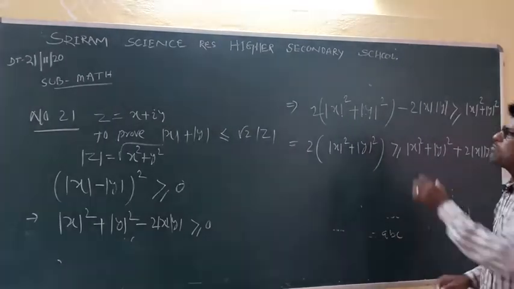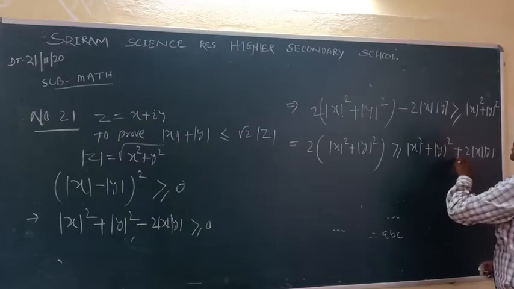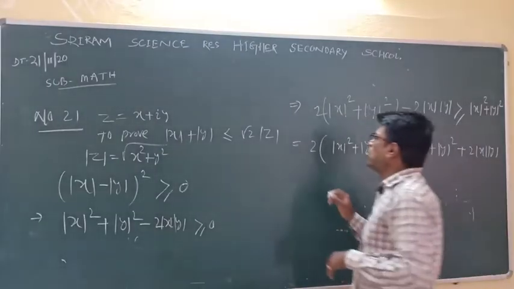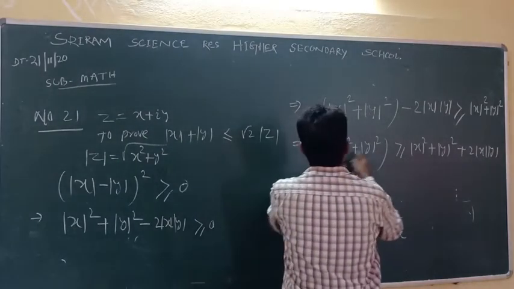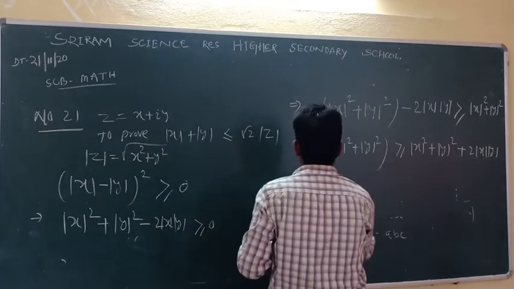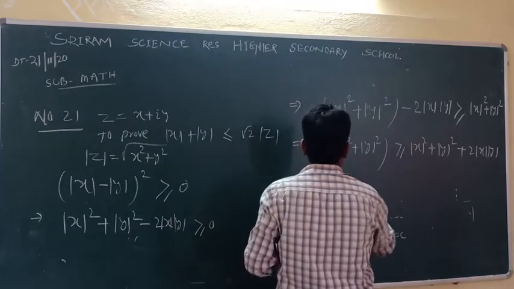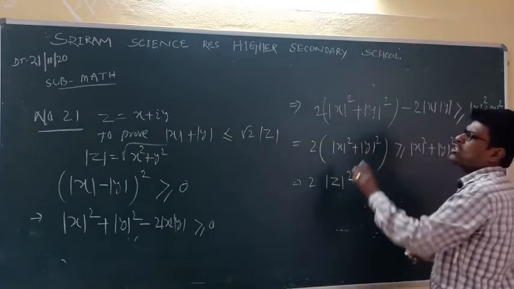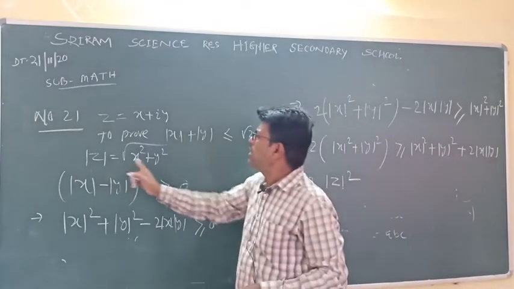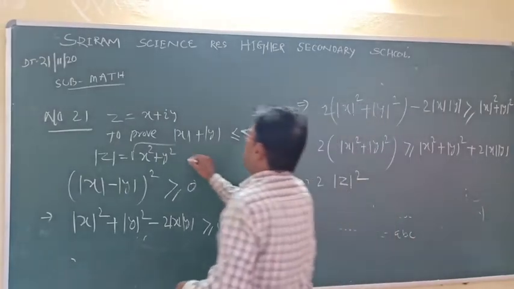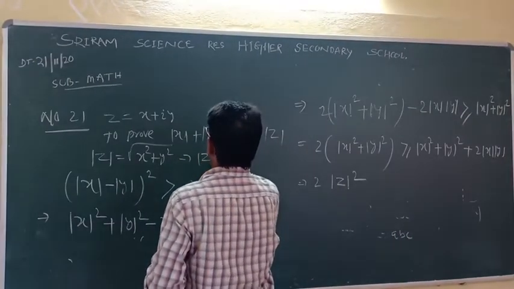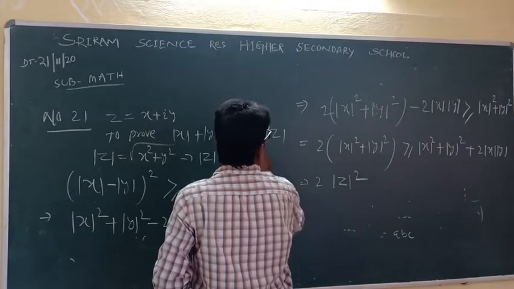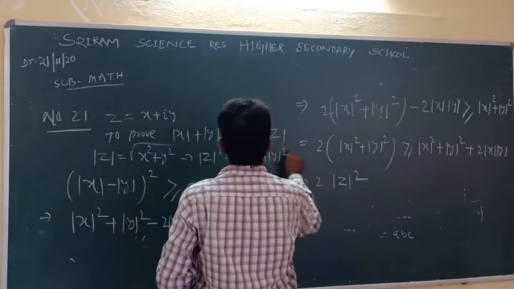You look, that minus taking to the right side became plus. Here 2 mod x square mod y square, that is no doubt 2z square. Mod x square plus mod y square is equal to z square. Okay, because here I can also write mod z square is equal to mod x square plus mod y square.